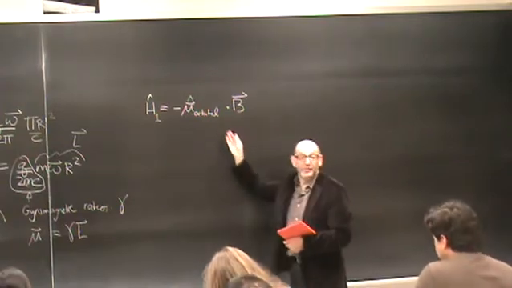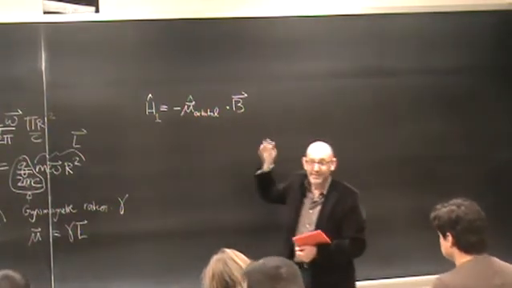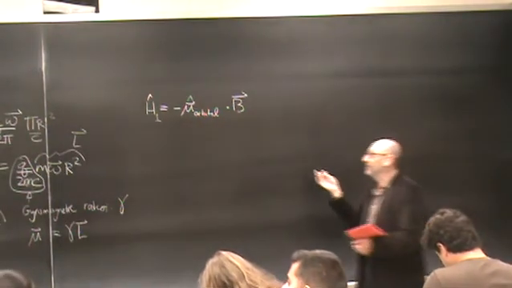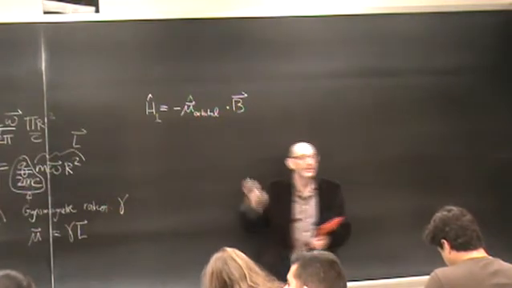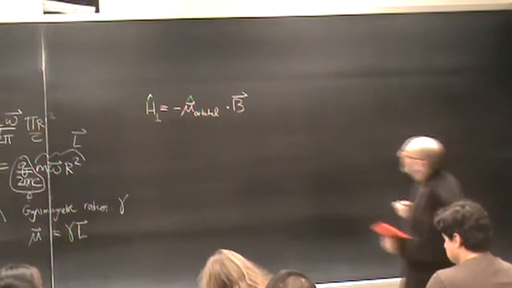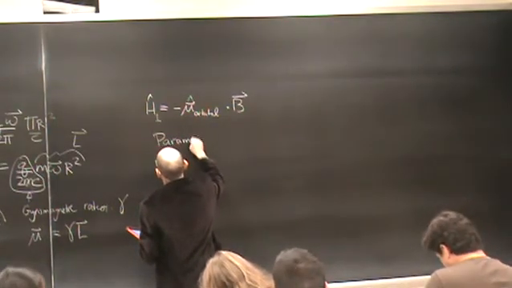And this is what we would have written down if we didn't know anything about vector potential and all that. We'd say, what's the interaction of this charge in the magnetic field? It's minus mu dot B, where mu is associated with the orbital motion. This particular Hamiltonian is known as the paramagnetic interaction.